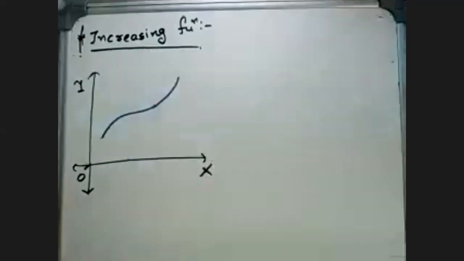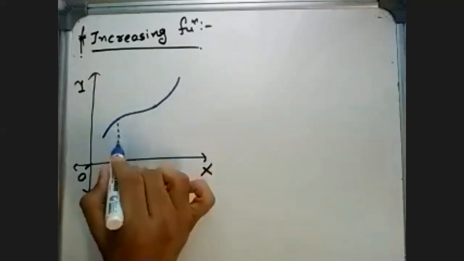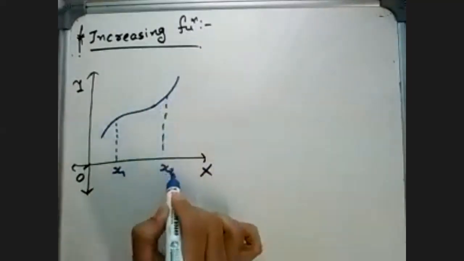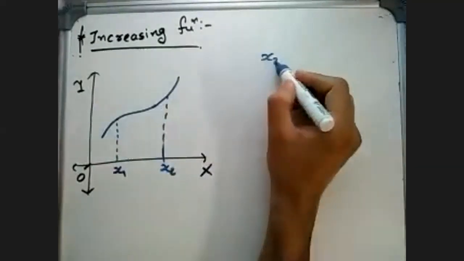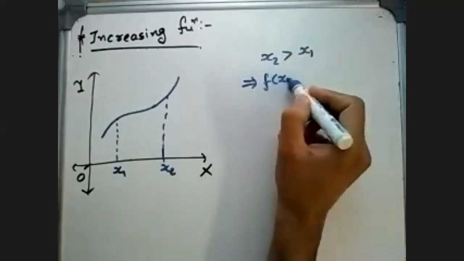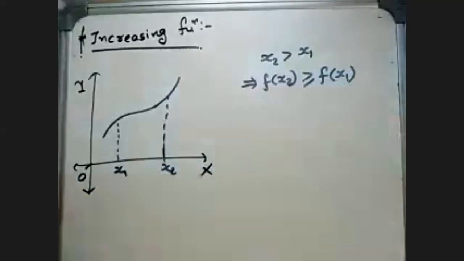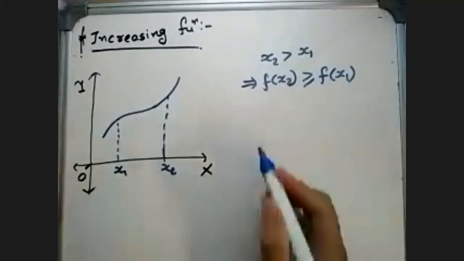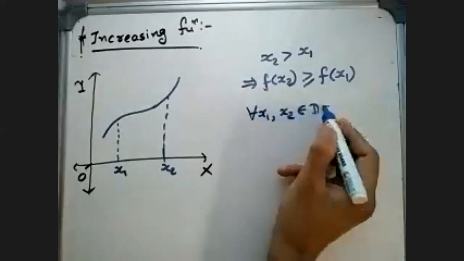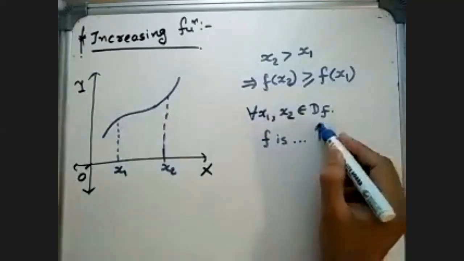Increasing function is defined as follows: whenever you take two different values of x, suppose this is x1 and this is x2, if x2 is greater than x1 and f of x2 is greater than or equal to f of x1, for all x1, x2 belonging to the domain of f, then f is called an increasing function.